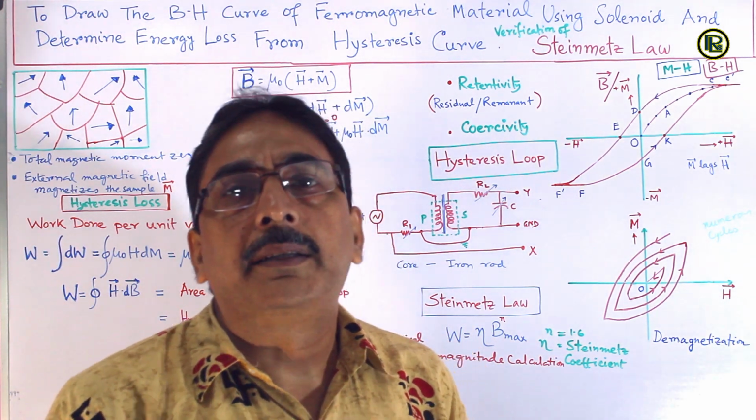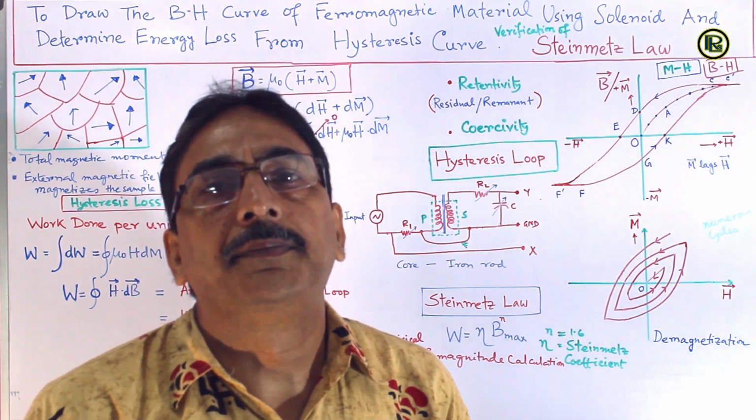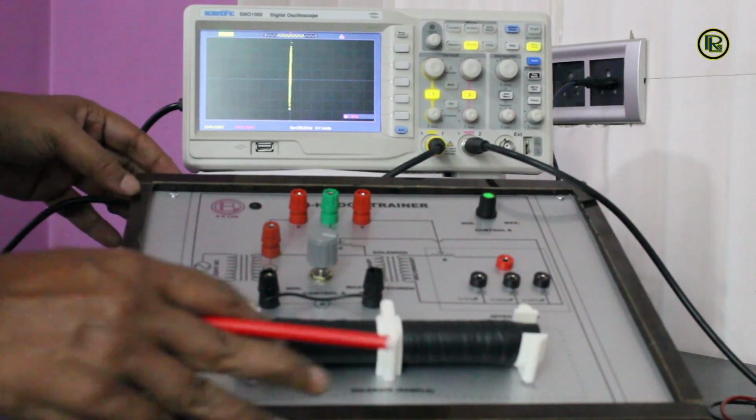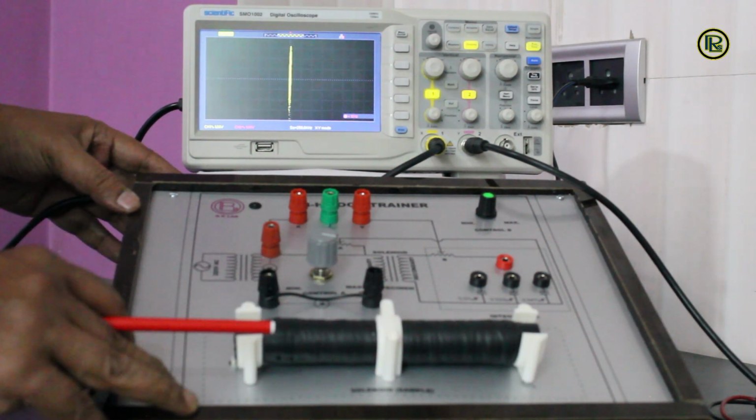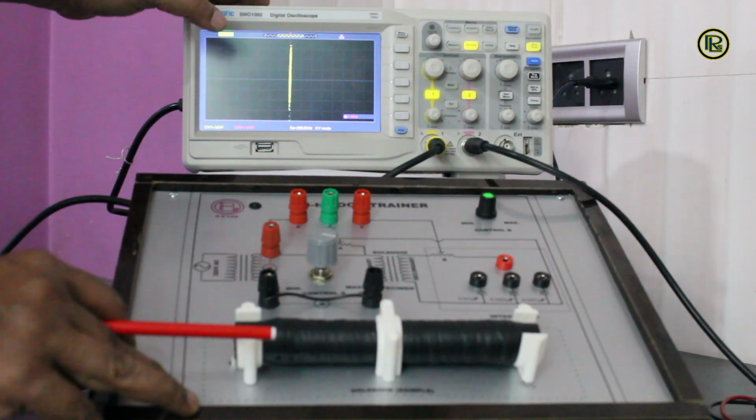Now let's do the experiment. This is my trainer board to get the BH loop or hysteresis loop in the oscilloscope.